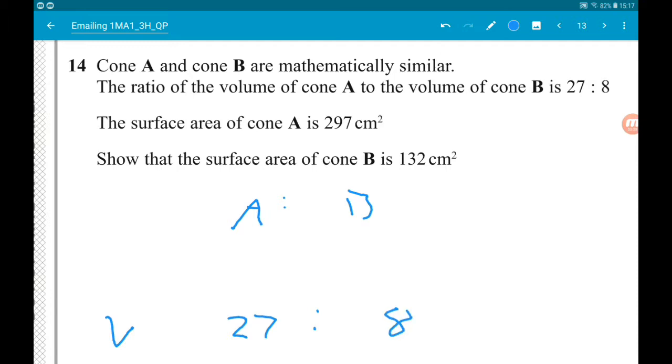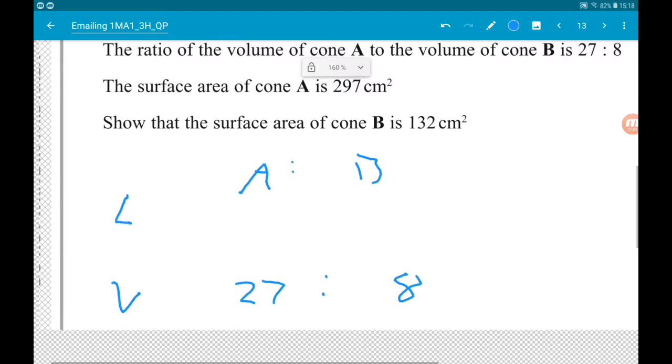Okay, we're told the surface area of cone A is 297 centimeters squared. We want to show that the surface area of cone B is 132 centimeters squared. Okay, so to do that, we need to first of all find the ratio of their side lengths.